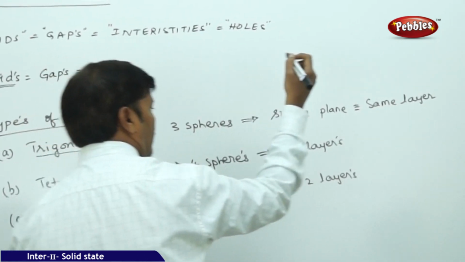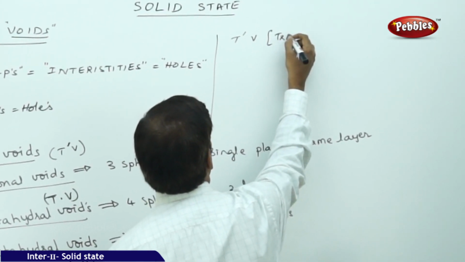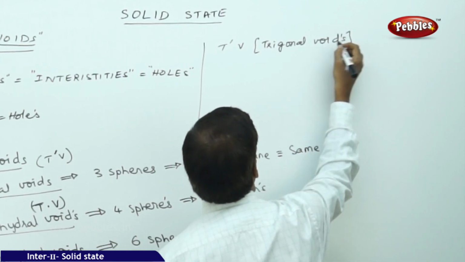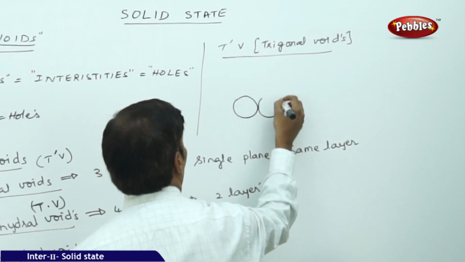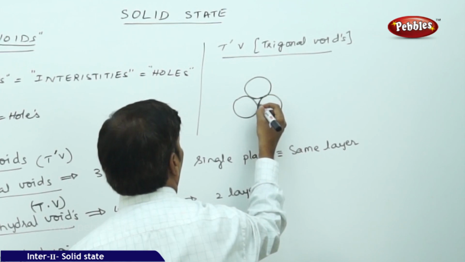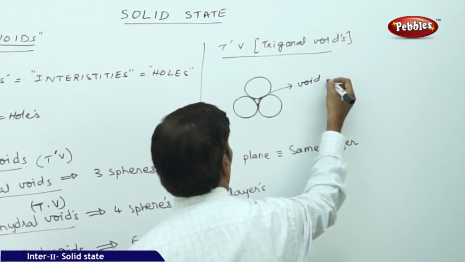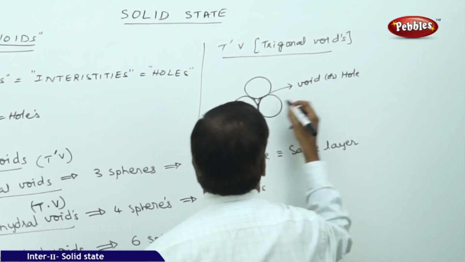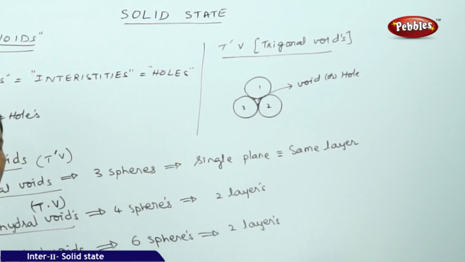So T dash V is nothing but trigonal voids. Here we have 3 spheres: first sphere, second sphere, and third sphere. You can see this gap is nothing but a void or a hole involving 3 spheres, 1, 2, 3. So it is planar in nature.